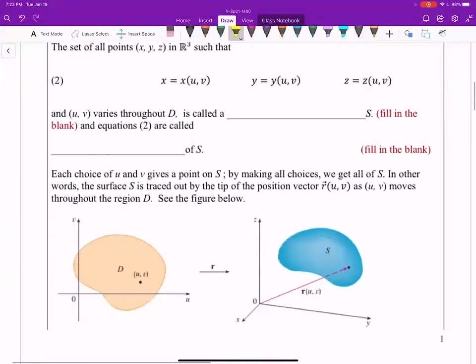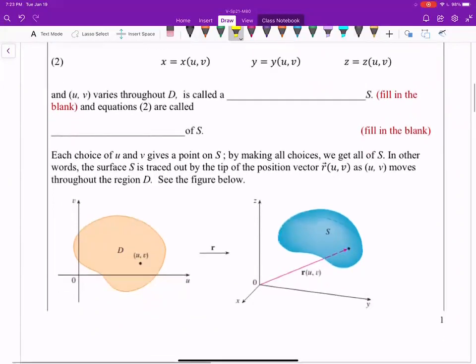So as shown here, uv runs over the domain D in this first figure. And in the second figure, you notice that the vector r of uv sweeps out a surface, which is in blue. R of uv is a vector. So the tip of the vector sweeps out the surface.